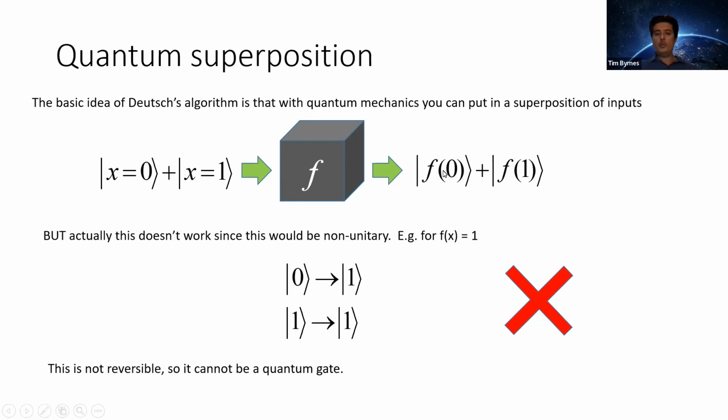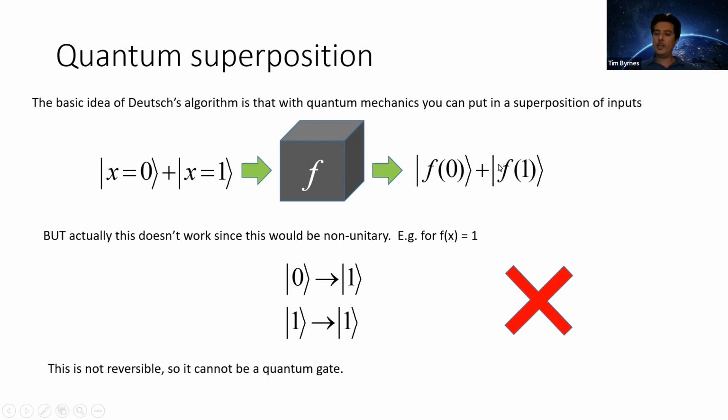This looks like a neat trick, but it isn't really the full solution, because there are several problems with it. Firstly, when you produce such a state, you will only get one of these outcomes at a time. If you try to measure this, whatever f(0), f(1) is, you just randomly get one of them.